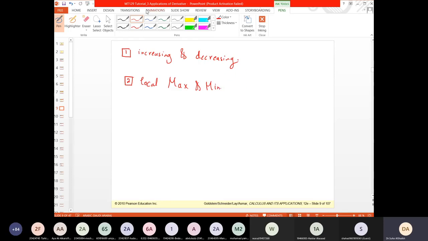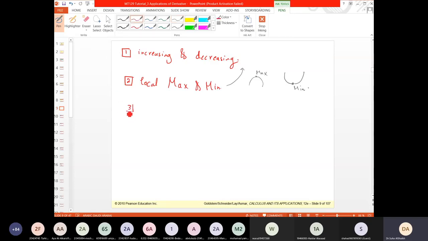And we said this comes from increasing and decreasing, right? If the function is increasing and it changed to be decreasing, it is a max. If the function is decreasing and at the point it changed to be increasing, then I have a minimum point.